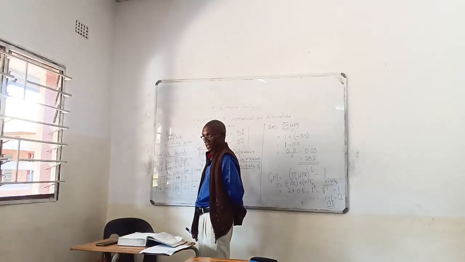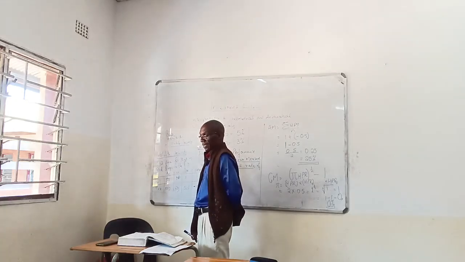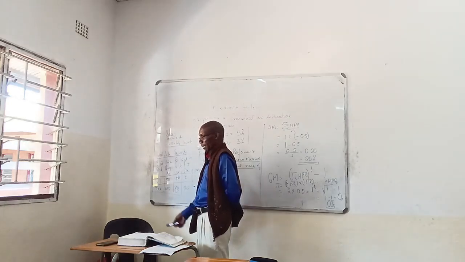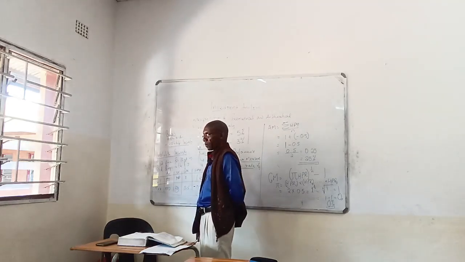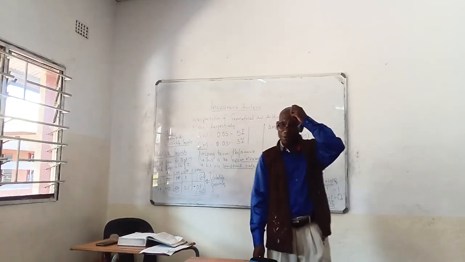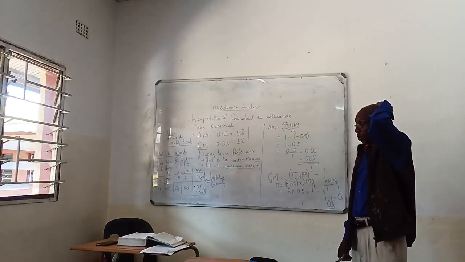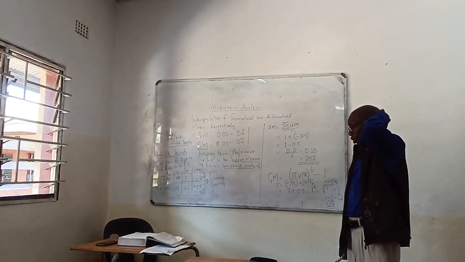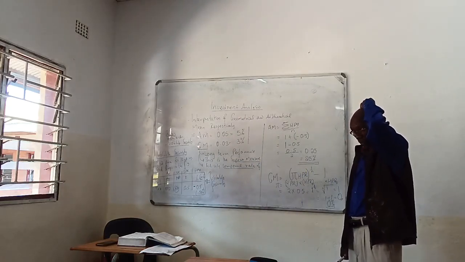Then you are advising this guy as his manager, take this 100 and deposit again, and he's getting 50. What advice would you give? Should he continue or should he stop?